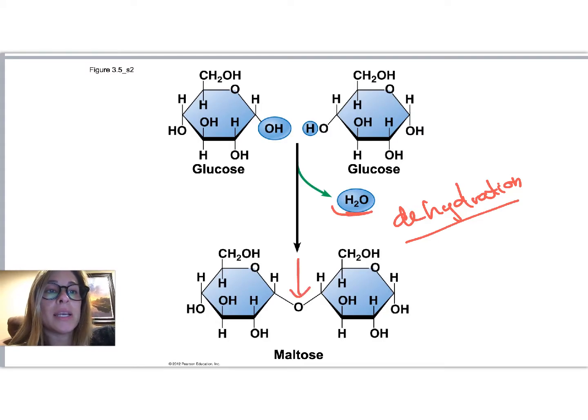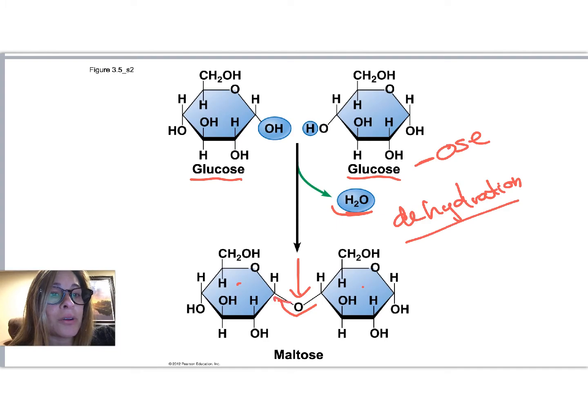And we're going to create one bond now. So now we've gone from two single molecules of glucose, remember O's, that means these are sugars, right? OSE is a big tip-off that most of the time you're dealing with a sugar. And now these two glucose are holding hands, they have a covalent bond here, and they've become a new molecule, a maltose.